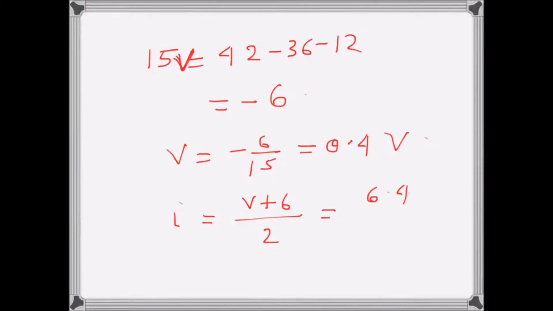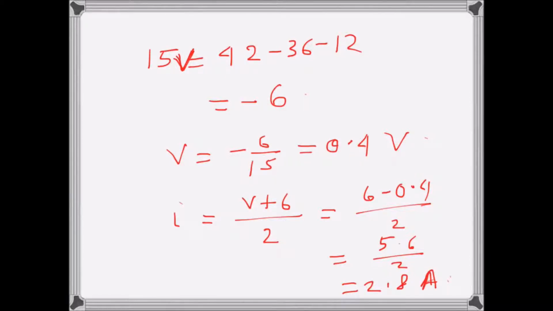Sorry, this one is not 6.4, it will actually be (6 minus 0.4) over 2, so that's 5.6 over 2, which is 2.8 ampere. So 2.8 amps is the current I.